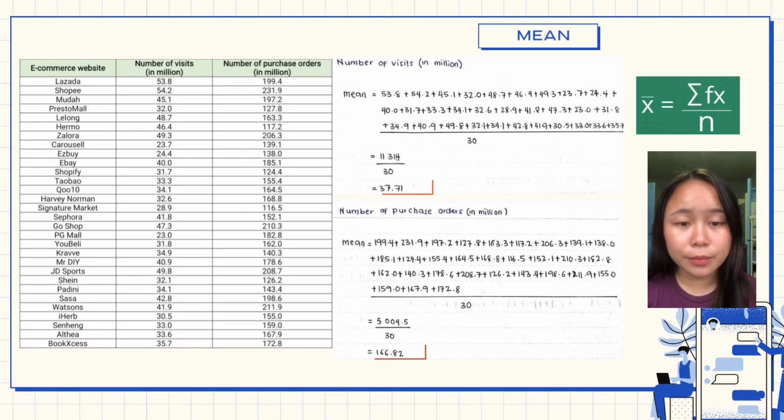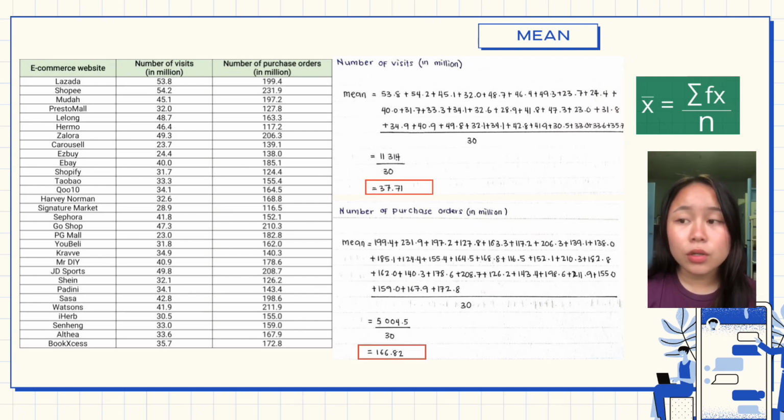First one is the mean. In order to get the mean, you need to follow the formula, and then you will get the answer. The formula is in the green box on the slide. You need to add all the numbers in the data and then divide by the total number of data points.